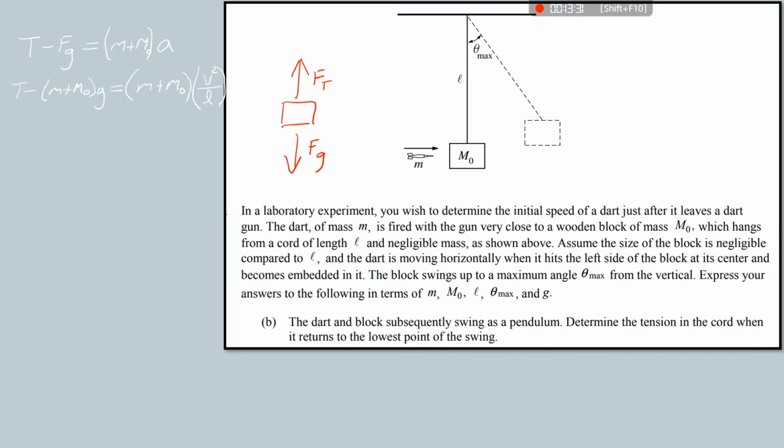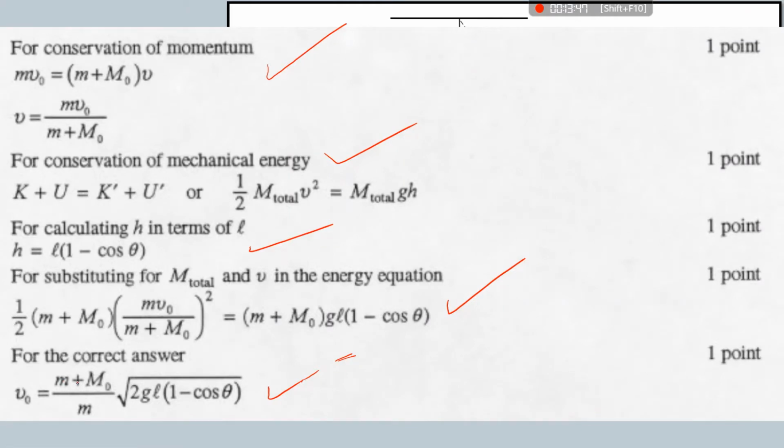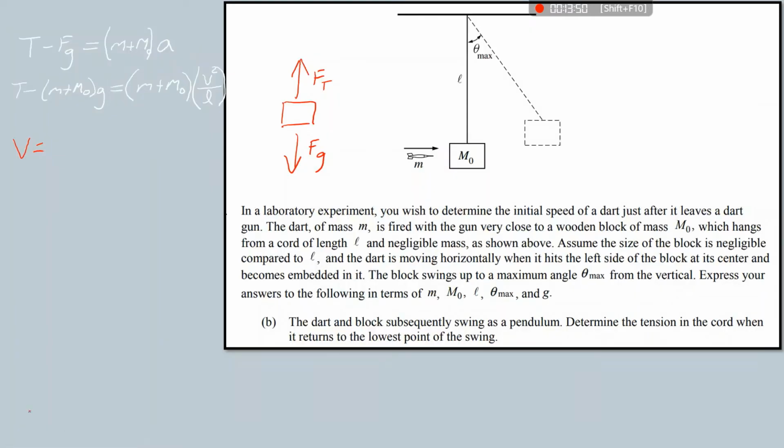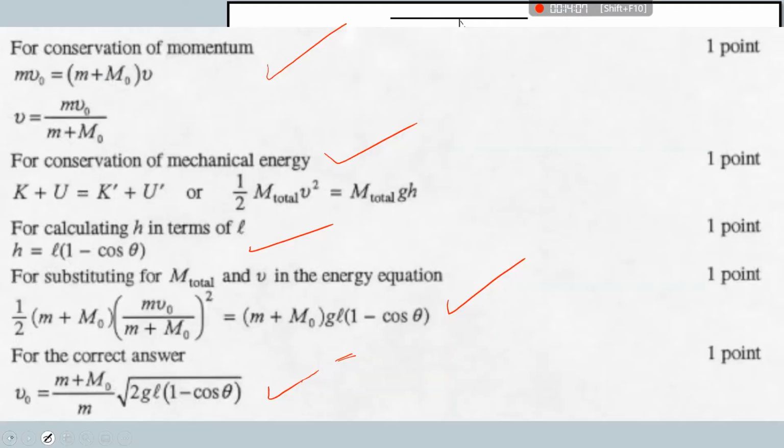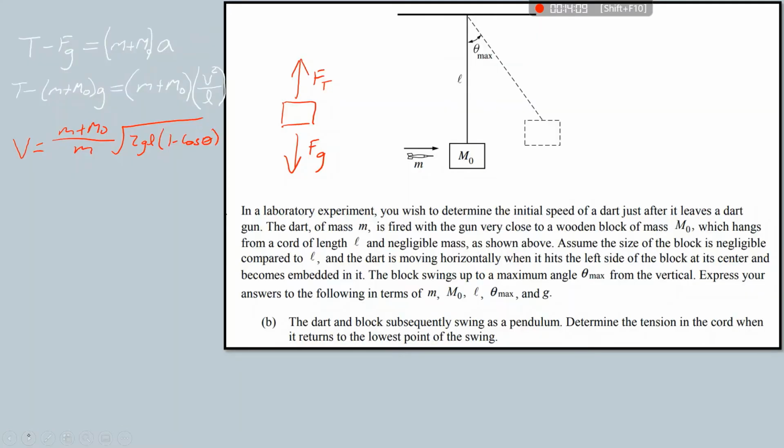But our equation for V was M plus M0 over M times root 2GL 1 minus cosine theta, I think. Double check. Yeah. Okay, so I'm just copying from part A.